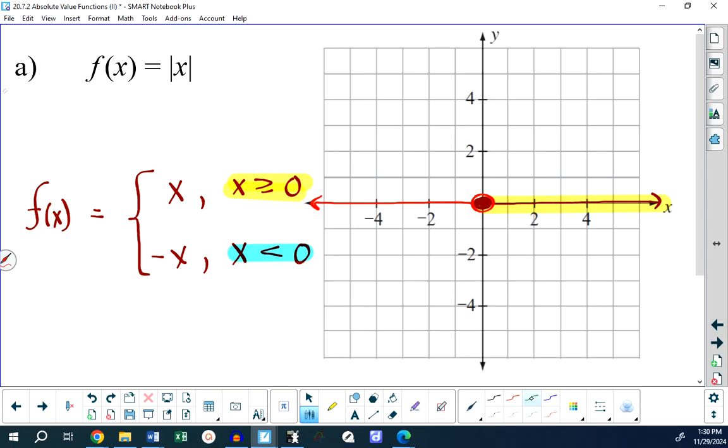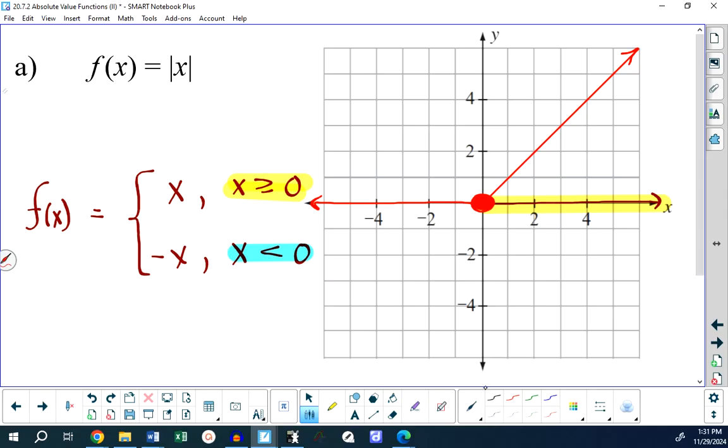So y equals x, and don't draw this, is that line, right? But y equals x is only true if x is greater than or equal to 0, which means we only draw it from here up, there we go, into quadrant 1, because that function is only valid where I've highlighted the yellow part of the domain.